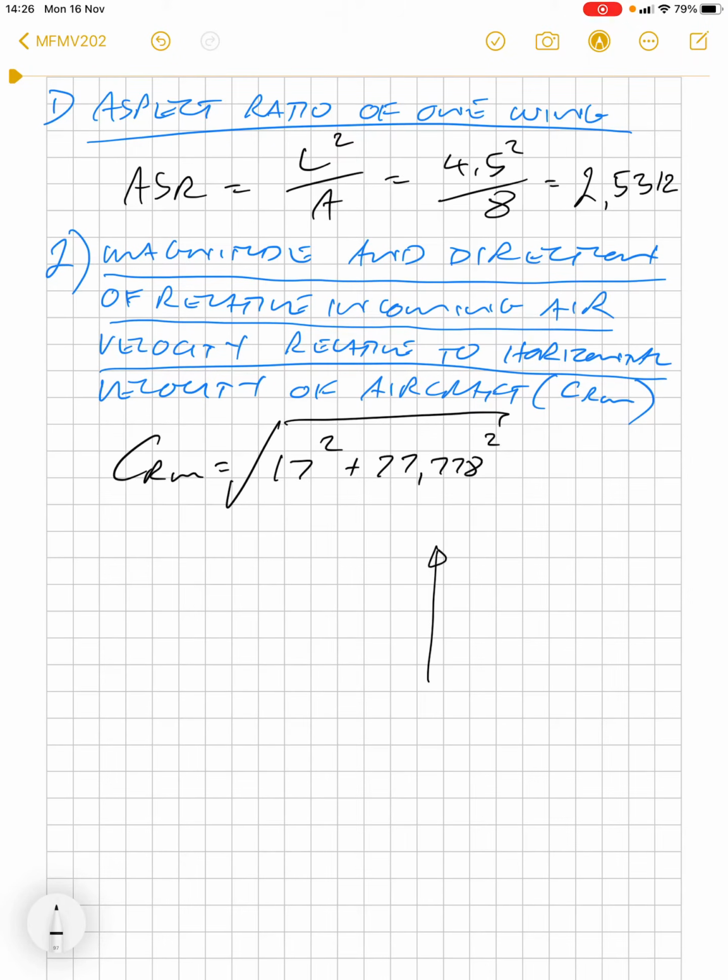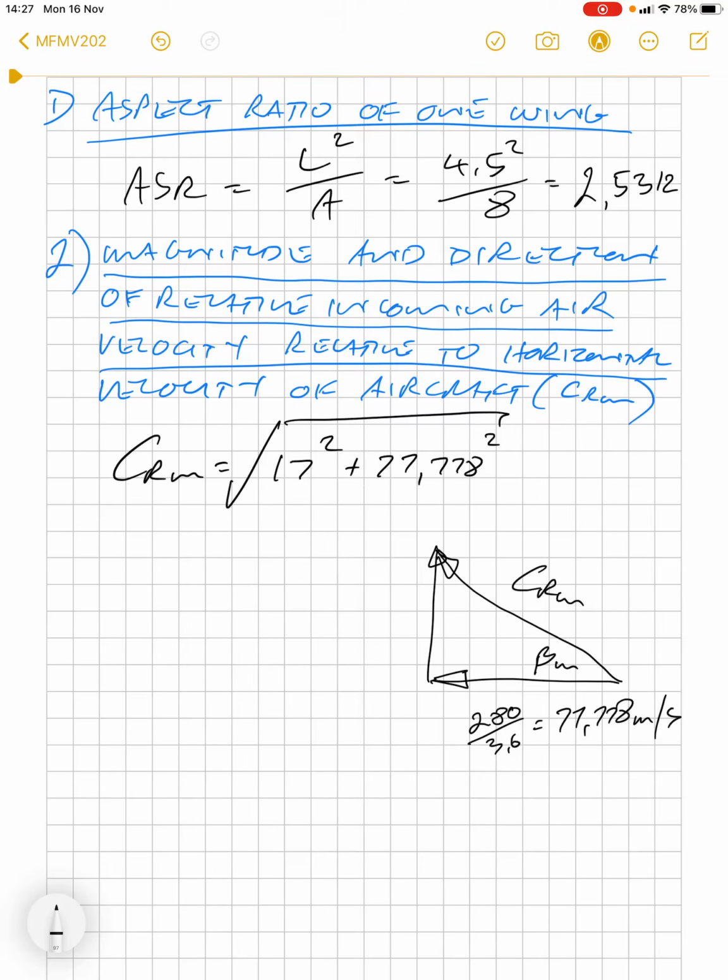So if we draw a diagram, and that is CRM, this is beta M. 280 divided by 3.6 will give us 77.778 meters per second.